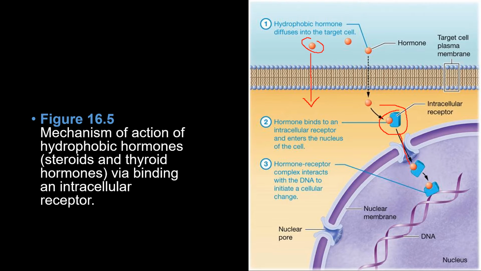Just an easy way to say it is just imported into the cellular nucleus, where it will then bind directly to the DNA, and that is going to upregulate or downregulate the production of specific proteins. Really, technically, it upregulates or downregulates the production of mRNA, which then in turn produces or doesn't produce proteins.